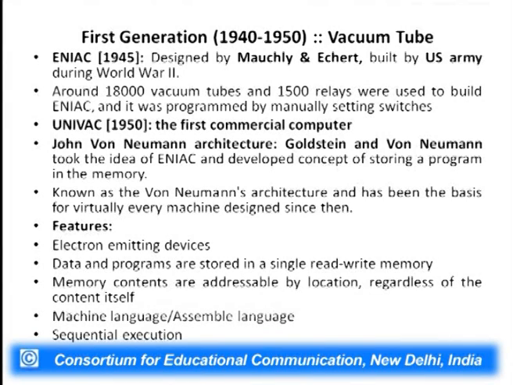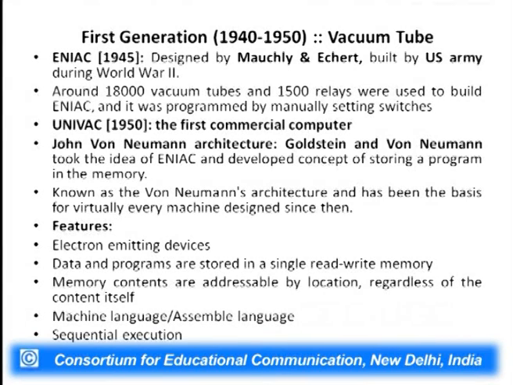So, the first computer introduced was the ENIAC, which came into consideration in the year 1945, and it was designed by two computer scientists, Mauchly and Eckert, and built by the US Army during World War II. It was a huge system using around 18,000 vacuum tubes and 1500 relays, and it was programmed by manually selecting and setting the switches in order, based upon the kind of operation required.